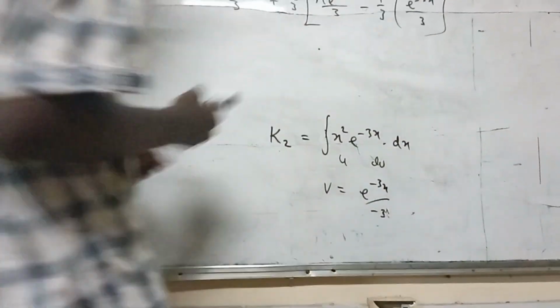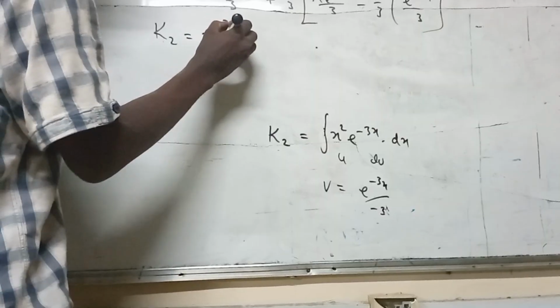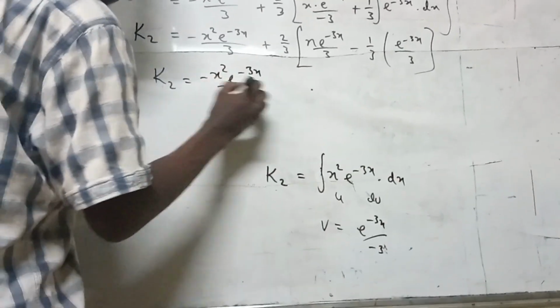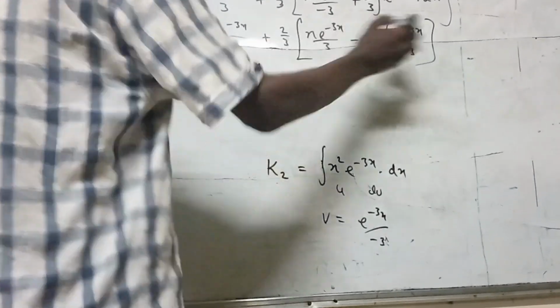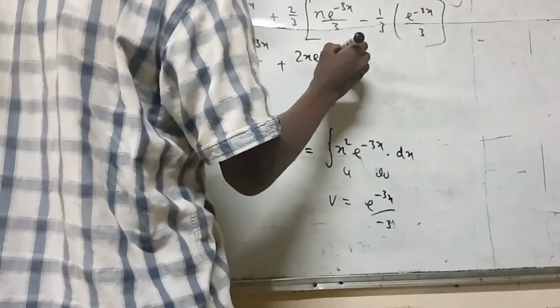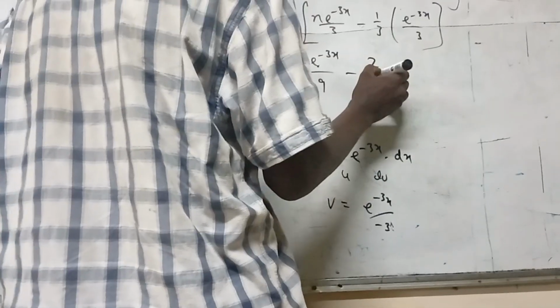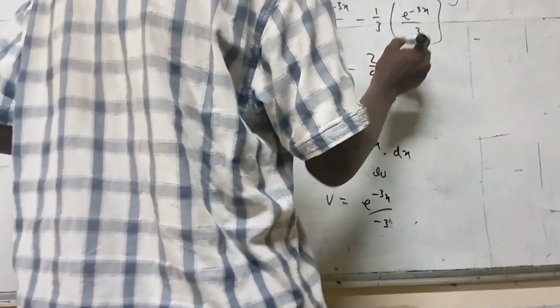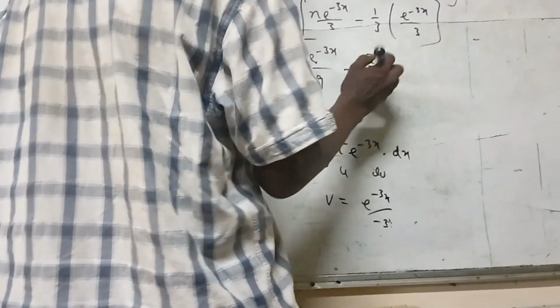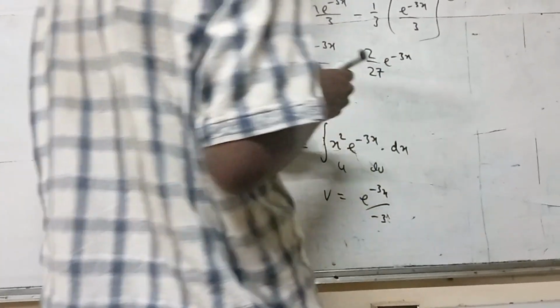Then I can bring both of them together and say k2 equals minus x squared e to the minus 3x over 3 plus, multiplying 2 by 2 over 3, I have 2x e to the minus 3x over 9, minus 2 times 1 is 2 over 3 times 3 is 9, so you have 27 e to the minus 3x.